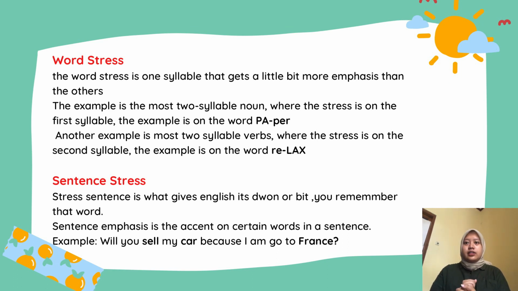Sentence stress emphasis is the accent on certain words in a sentence. The example: will you sell my car because I'm going to friends. In this sentence the keywords sell, good, friends are highlighted or emphasized.